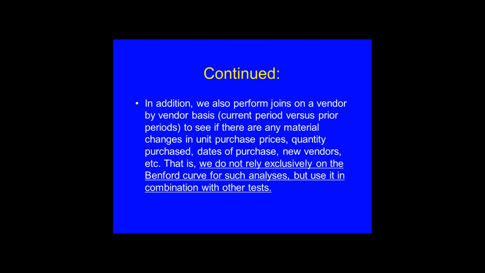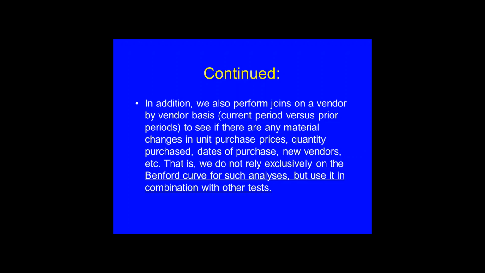Also, it's very useful in IDEA, like if you're comparing unit costs. I'm veering a little off from the Benford curve, but once you have the data, we compare, let's say unit cost is $10. You can calculate an average cost or average sales price, so we're comparing average sales price to unit cost. So when it comes to cost testing, it's very useful.